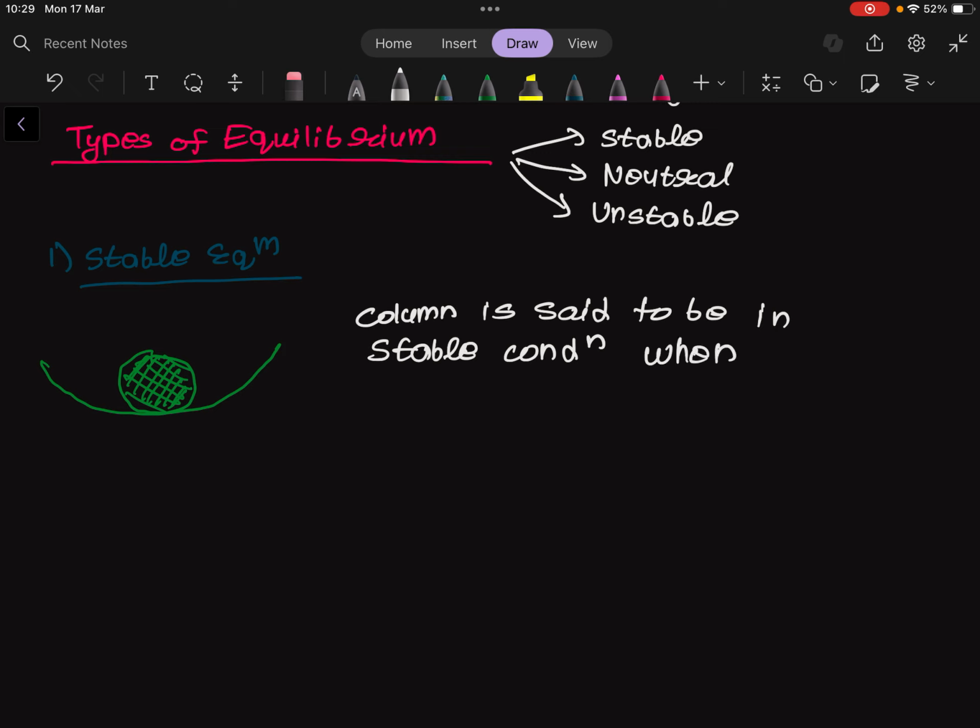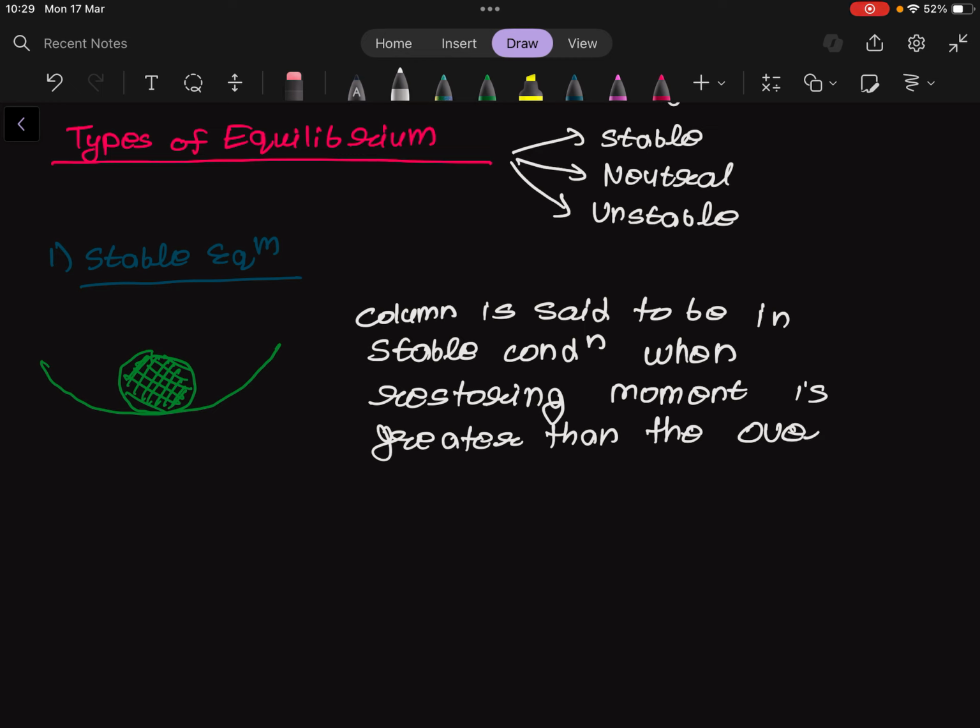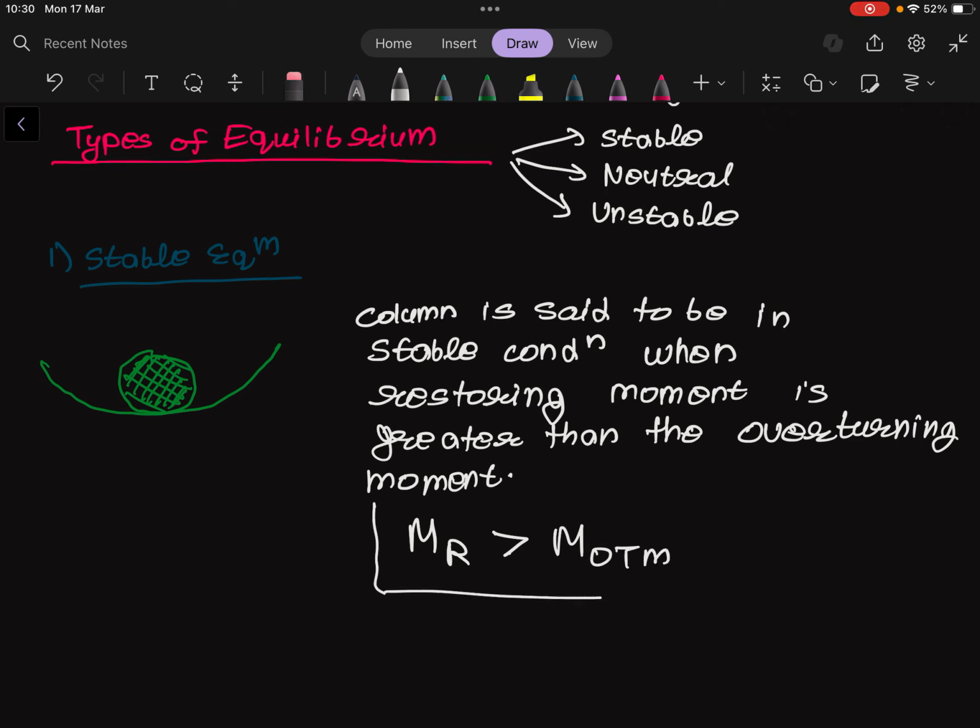When restoring moment, we will see with some examples later, is greater than the overturning moment. Okay, so this is the first case.